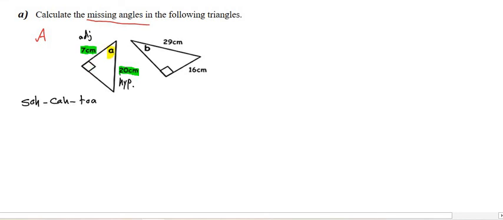Here we are given the hypotenuse and adjacent. So what ratio connects the adjacent and hypotenuse? It's cosine. So cosine A simply equals adjacent over hypotenuse, which is 7 centimeters over 20 centimeters.